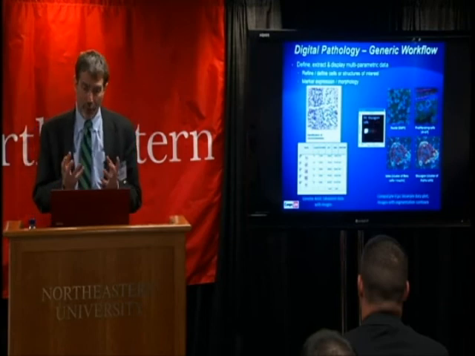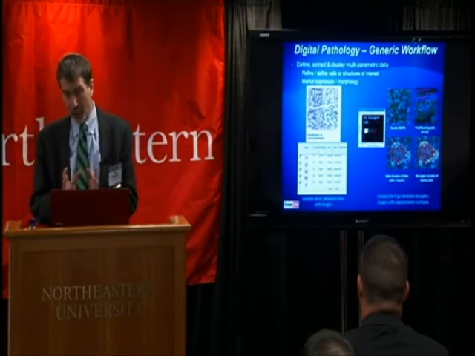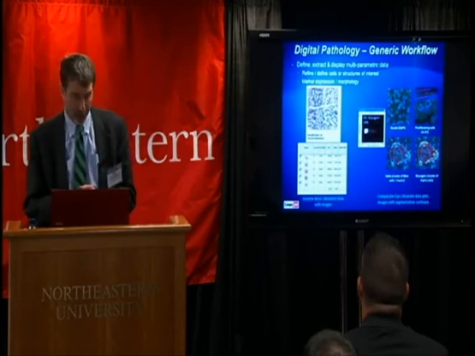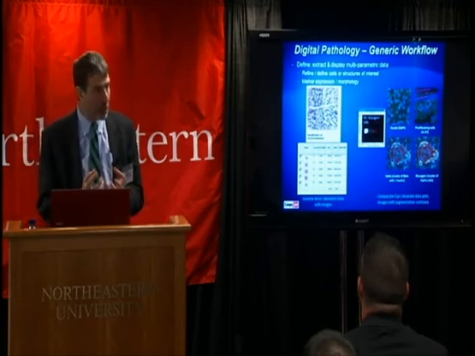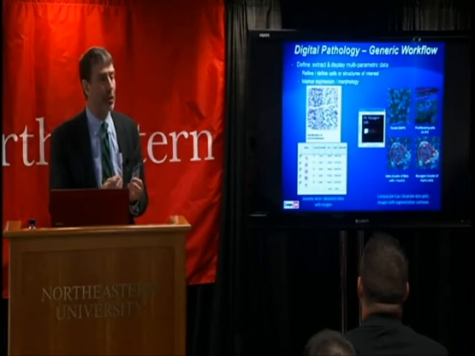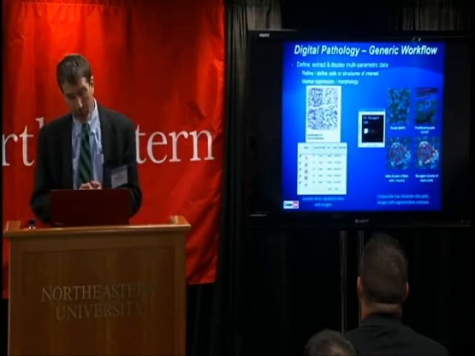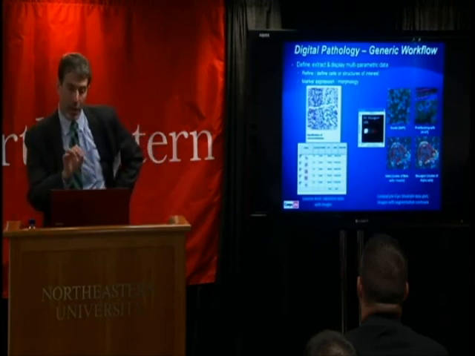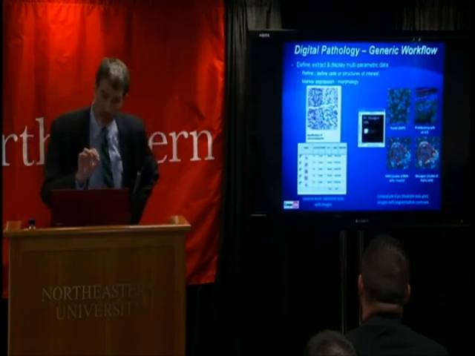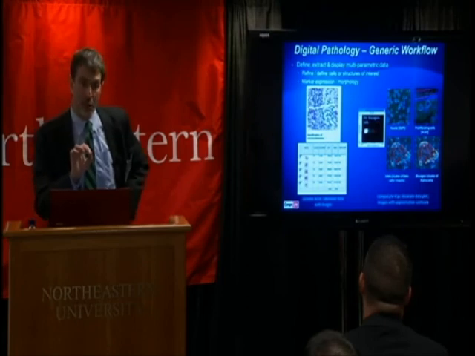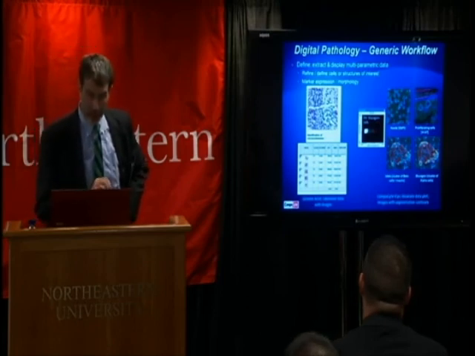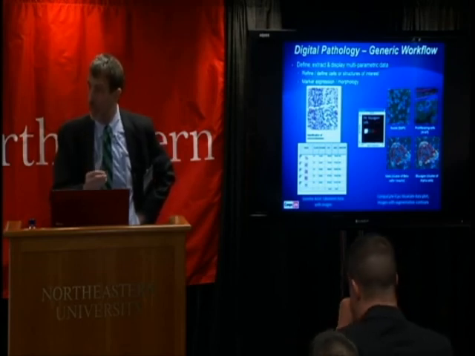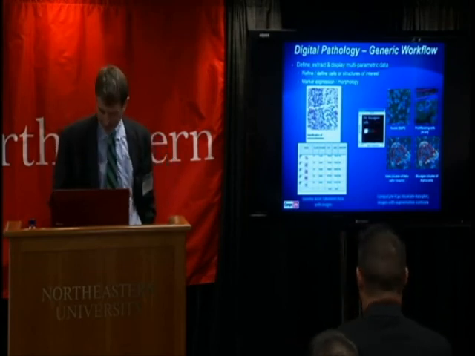Then once the images are acquired and the area of interest is identified, there are a number of ways to extract data, but they typically revolve around segmenting the image. I'm showing here segmentation based on the Genetix Ariol, where the cells are color-coded in the image to identify their classification, and then that data is put into a tabular form, both the image data as well as the extracted numerical data.